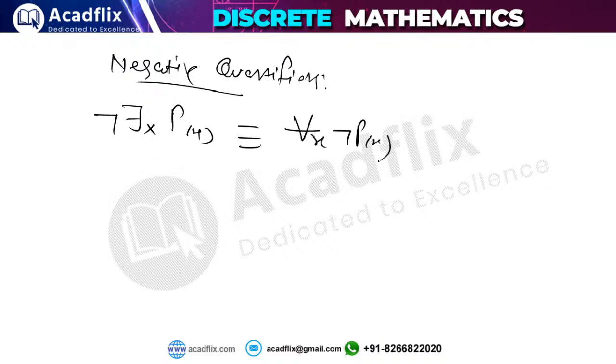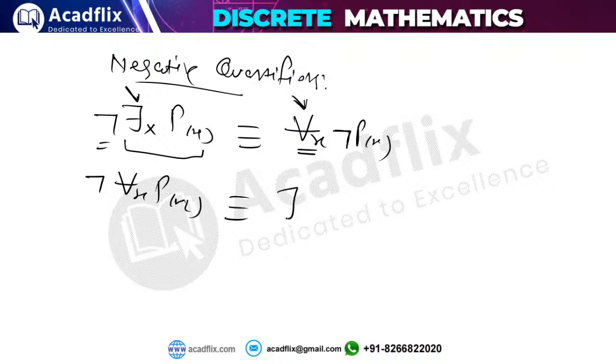Convert the there exists into for all, and just propagate the negation onto Px. Similarly, the negation of for all x Px will be there exists x negation of Px.